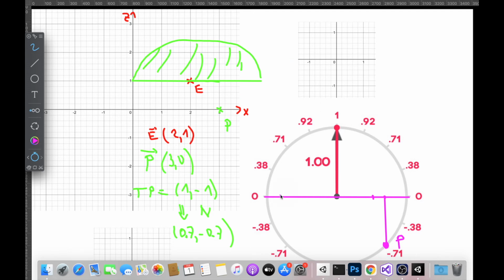Now we need to get a dot product. So the dot product of this position, 0.7 and minus 0.7, with transform forward of the enemy. Transform forward of the enemy in this case is 0, 0 and 1.